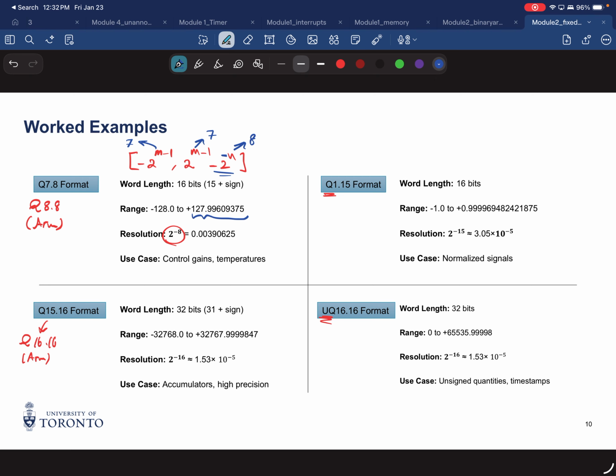Just looking at this, you see the number of bits between Q8.8 and Q1.15 are the same. But as you increase n, resolution gets better. You have finer steps between your readings. But look at the range. We went from about 256 to only 2. So your readings got to 2.